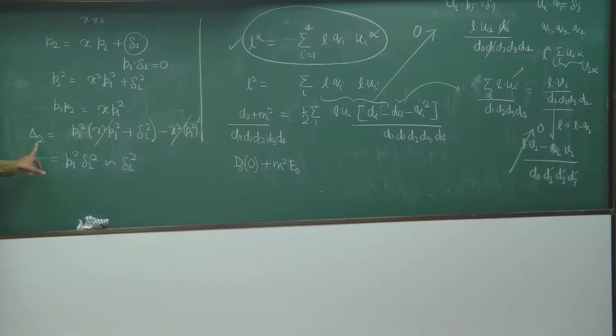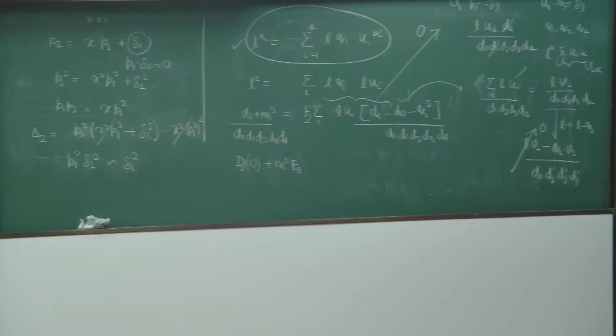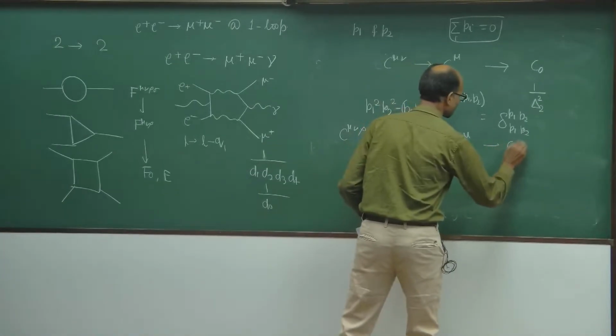Okay, so that's how your Kronecker delta would depend on this regulator or measure. Suppose I just imagine C mu nu rho to C mu nu to C mu to C0.